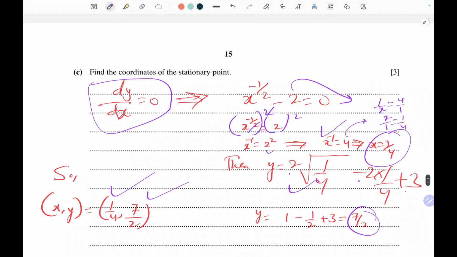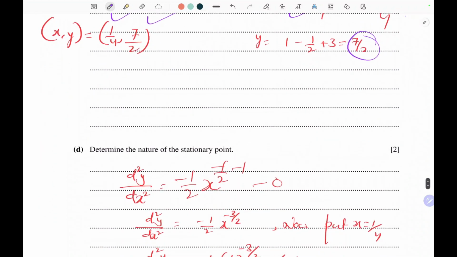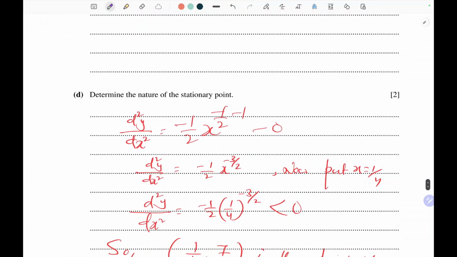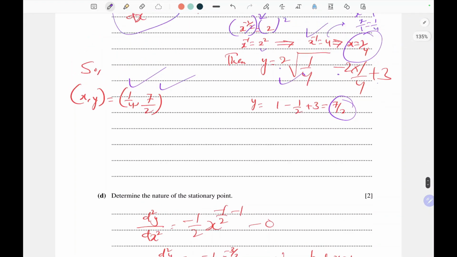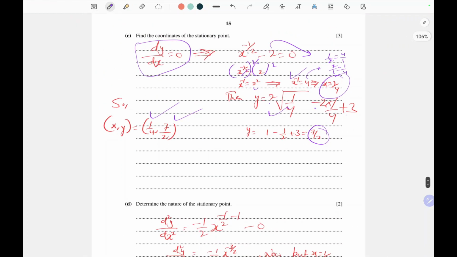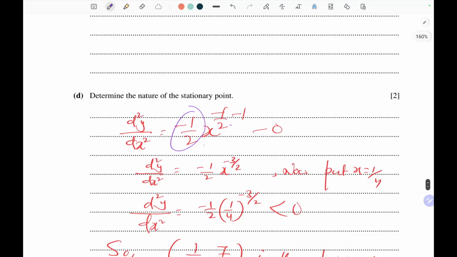But it is always incomplete, because whenever they ask about a stationary point, they mostly also ask about the nature of that stationary point. So d2y/dx squared. dy/dx is x to the power minus half minus 2. So this minus half will come here, and then minus half minus 1, and the differentiation of minus 2 is 0. So I got d2y/dx squared as minus half x to the power minus 3 by 2.